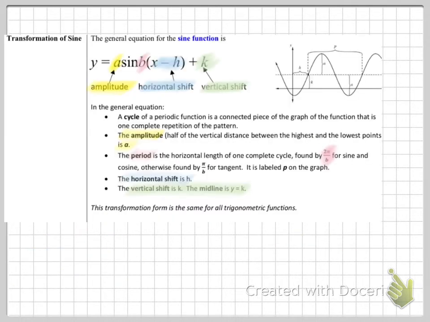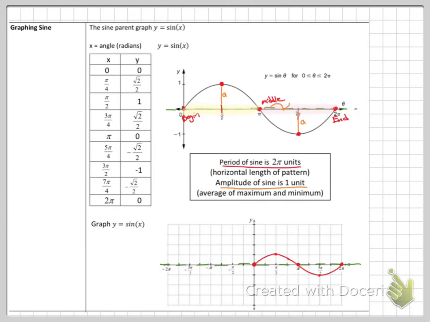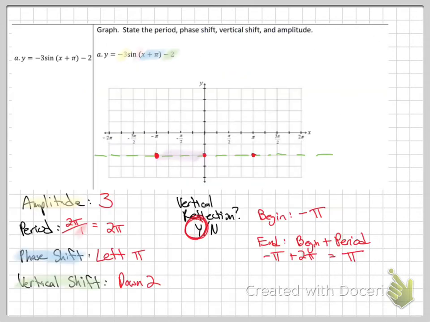So sine normally goes up first. But since this has a vertical reflection, we're going to go down, and we're going to go down 3 because the amplitude's 3. From the green line, you go down 3. So if it went down first, that means it has to go up next. So find the middle of that section and go up 3 from your green line. This is our sine curve, 1 period of our sine curve.